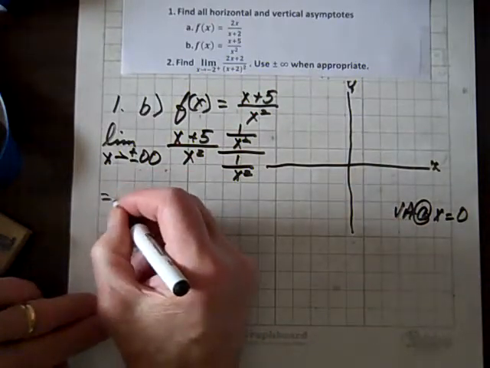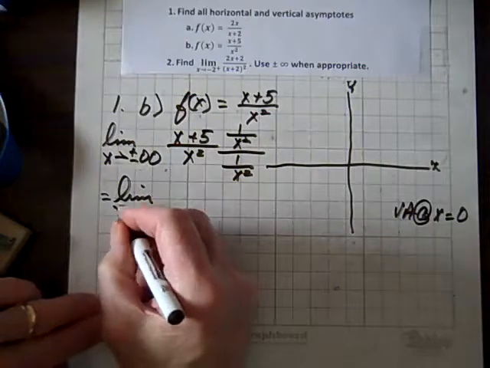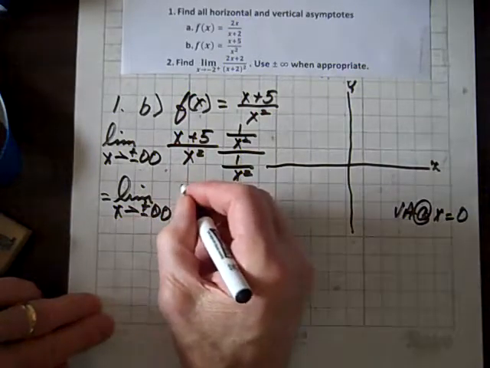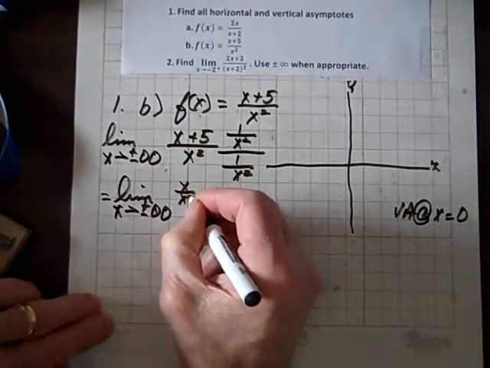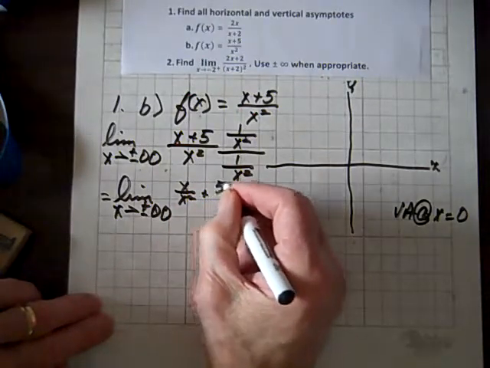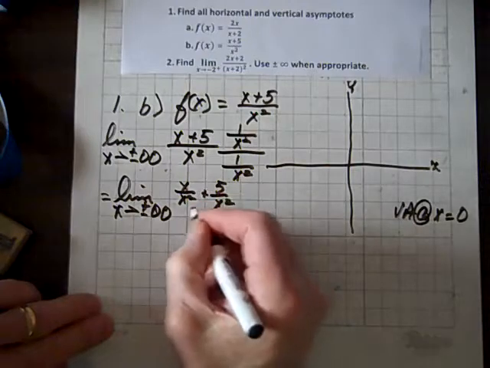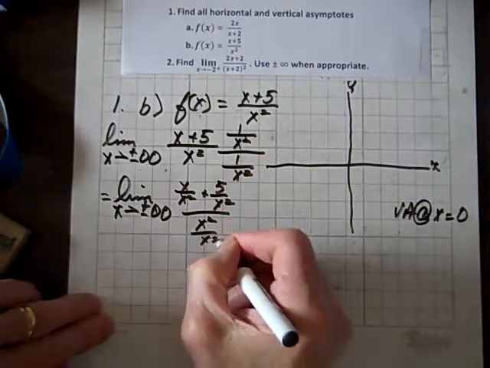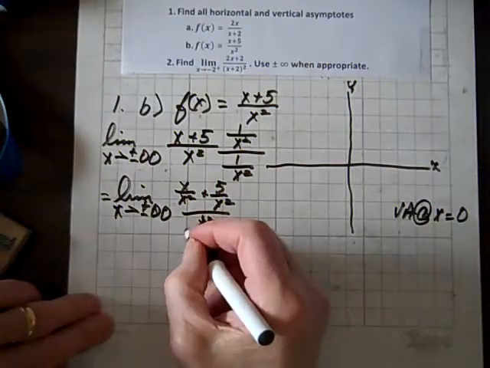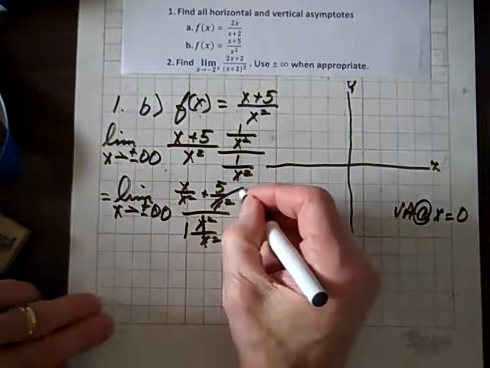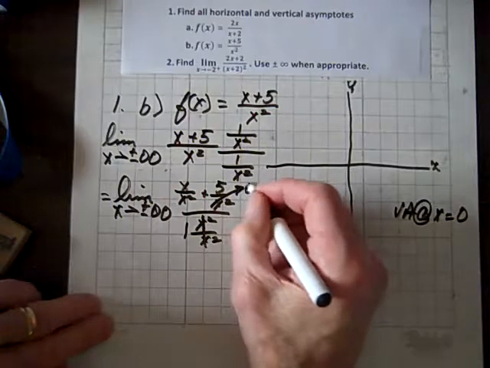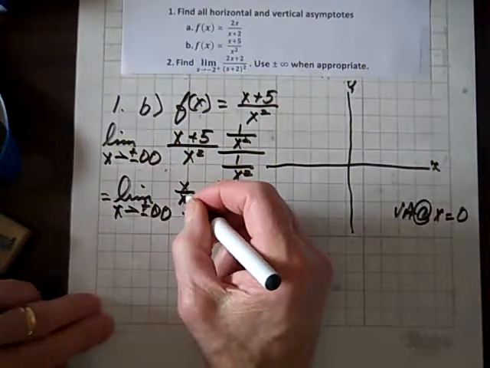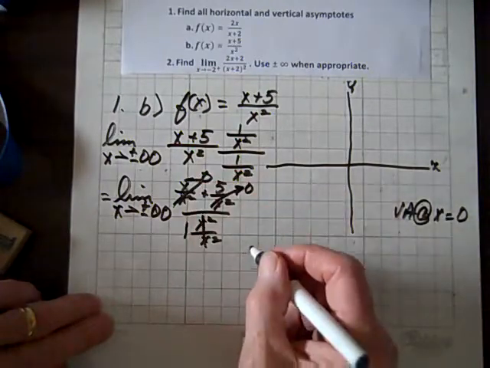So now we're looking at the limit as x goes to plus or minus infinity of x over x squared plus 5 over x squared all over x squared over x squared. These divide out and we get 1. This quotient goes to 0, as does this, because although one of the x's will divide out, we'll still have an x in that denominator.